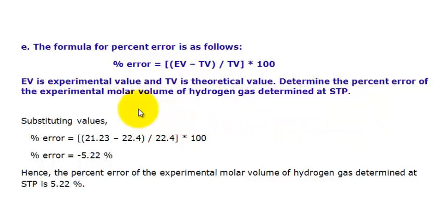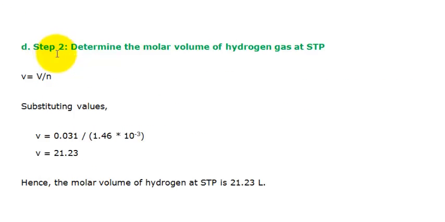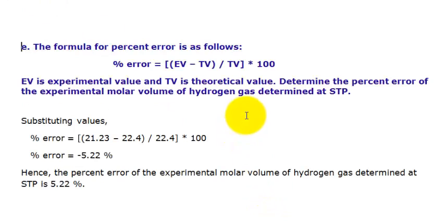Now, the experimental molar volume of hydrogen gas at STP was determined in the previous step. In D step 2, we have determined the molar volume of hydrogen gas at STP, and it is 21.23 liters.